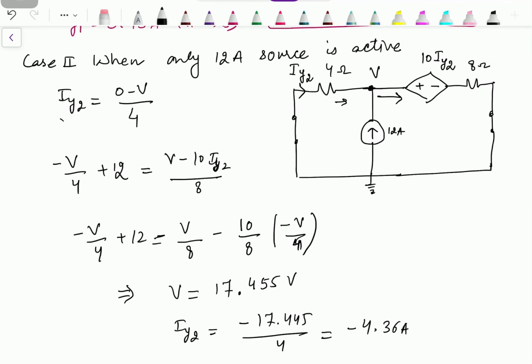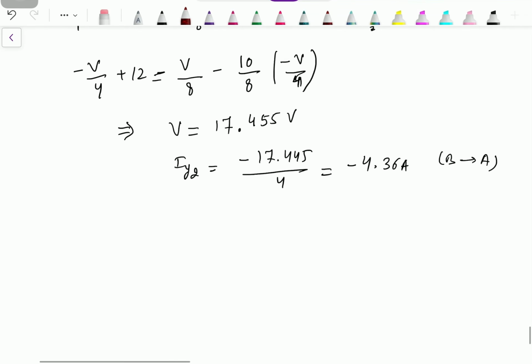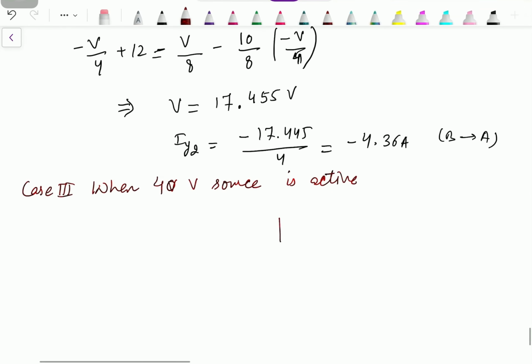So minus 4.36 ampere means this one is flowing from B to A, since this one is A and this one is B. Then we have the last case, case 3, when the 40 volt source is active. When the 40 volt source is active, again the 120 volt source is replaced by a short circuit.